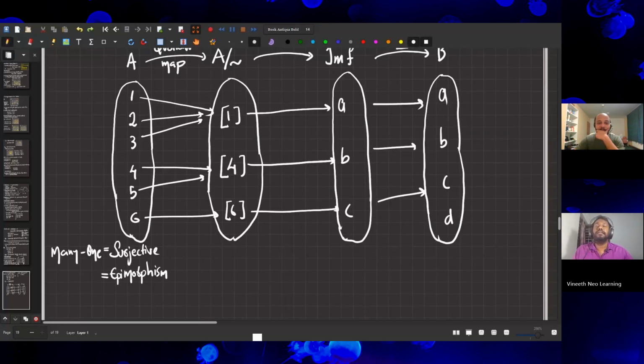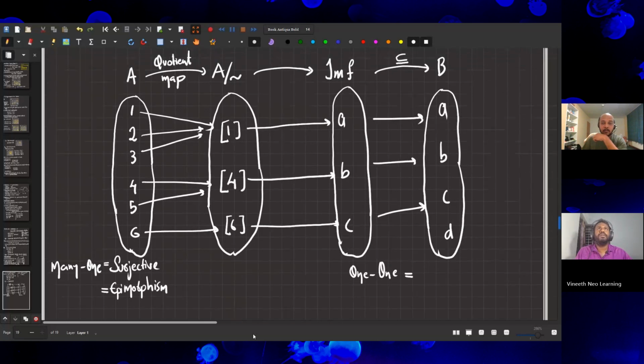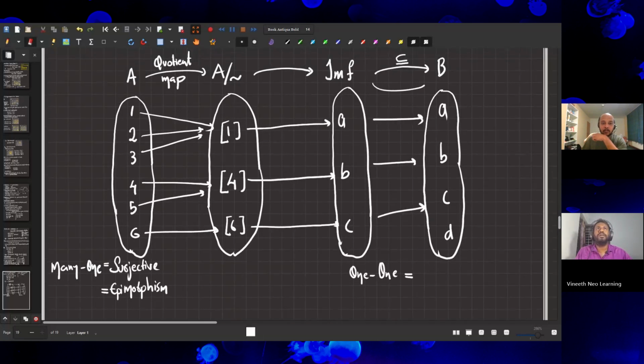Now, what is this map, Joe? This is always a one-to-one map, because this is just a subset inclusion. It is from the quotient to the image to the codomain.